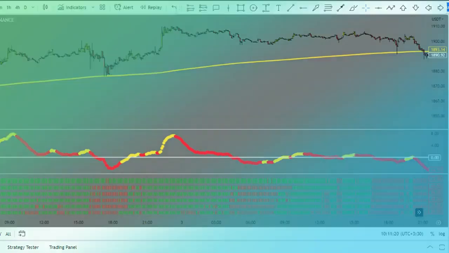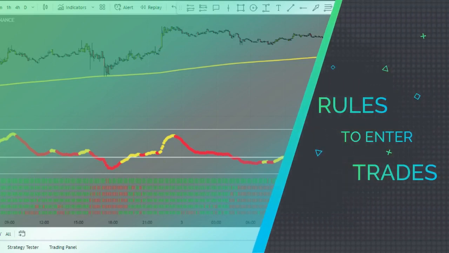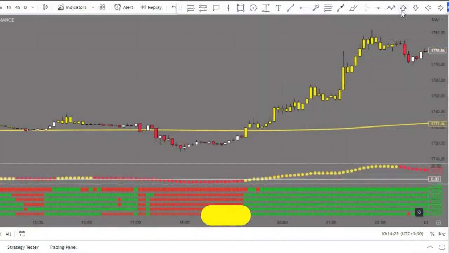So with all these tools, the rules for entering a trade are gonna be like this. For a buy trade, we'll need to wait for dots of the AK-MACD BB indicator to change from red to yellow. Then wait for the first yellow candlestick to appear.